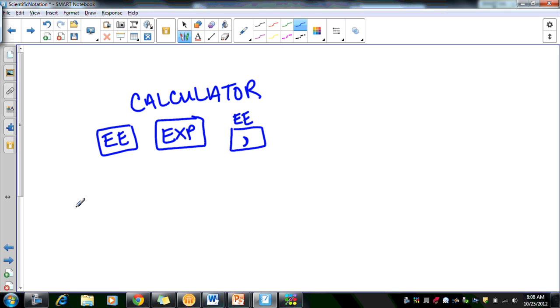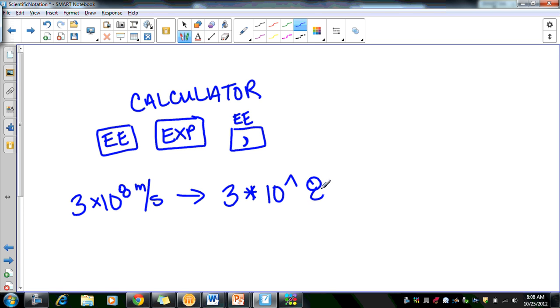So let's say you wanted to put that 3 times 10 to the 8 meters per second in your calculator. You do not want to do this: 3 star 10 caret 8. If you do this, you could end up getting the wrong answer because your calculator will use the improper order of operations.